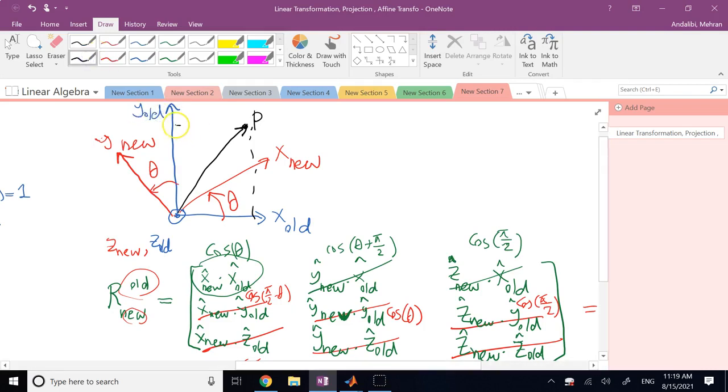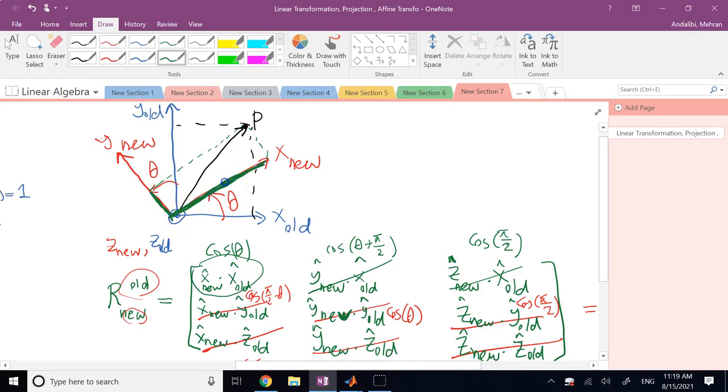So these are the two components that I will get. But for the new frame, I have to project them along the axis of the new frame perpendicular. So I will get this one, and then I have to perpendicular project on the y-axis. So it is going to be this guy here in green, and this one.